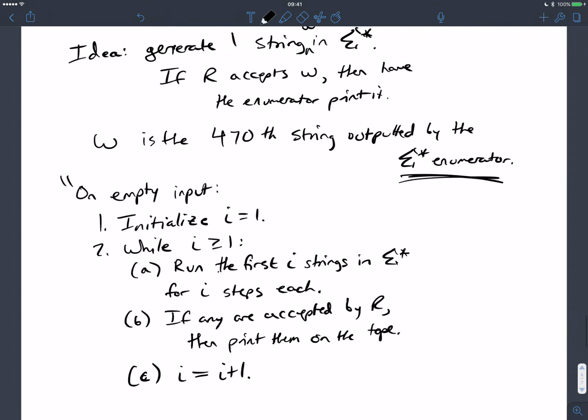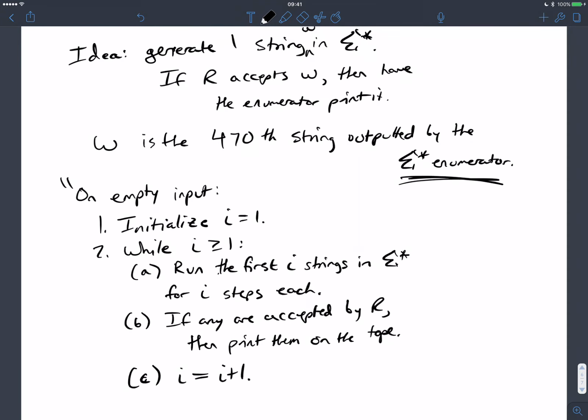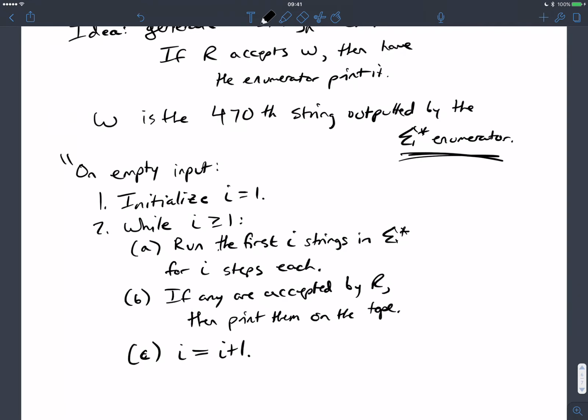So now the only thing we need to make sure of is that our enumerator, given a fixed string, will print it in a finite amount of time. So does that happen? Yeah, so fix your favorite string. If it is in the language of the recognizer, it has some number of steps to take. And so the variable I will eventually hit that number. And so therefore it'll be printed.